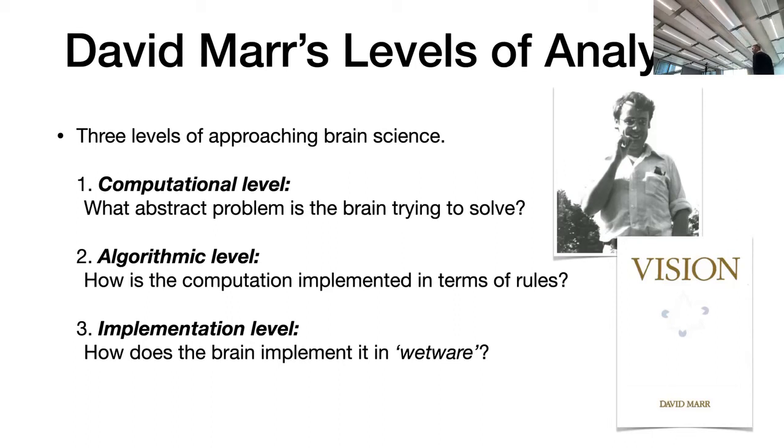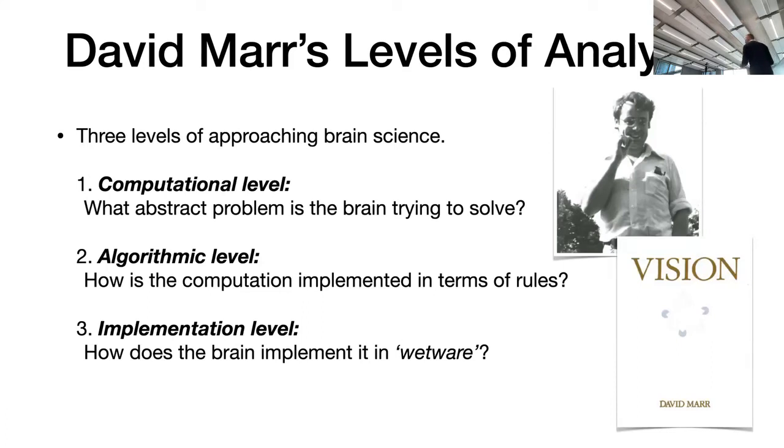What is the algorithm that the organism uses to solve this problem? And you can imagine that if you have a given computational problem, you can solve it at the algorithmic level with many different types of algorithms. So you have a bunch of choices there. And all of these give a rich expression of how we can approach a problem.